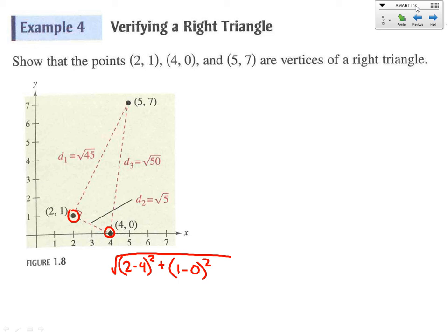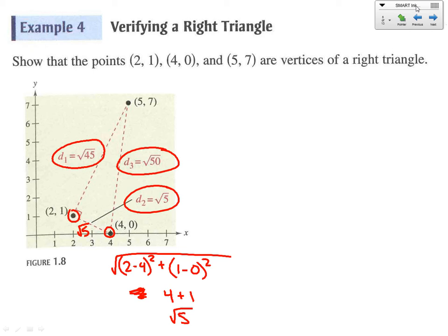So we've got negative 2 squared, which is 4, plus 1, which is the square root of 5. So the distance between these two is the square root of 5. If we were to do that two more times with these values here, we know the two distances for D1 and D3 as well.